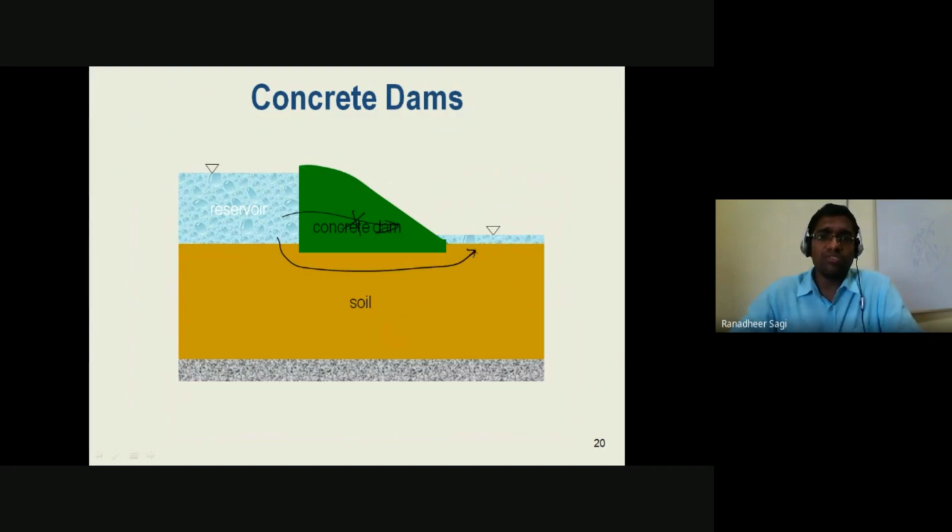So when water flows from upstream to downstream, due to that seepage through the soil at the bottom of your dam, you are going to see some intensity of pressure exerted by the water flowing through the soil below your concrete dam. That pressure is what we call uplift pressure.